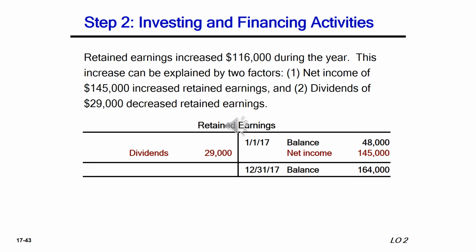So here, from the information that we got from this company, they generated net income of 145,000, so this increased the retained earnings, and they gave out dividends of 29,000, so this decreased retained earnings. So the net change in retained earnings is 116,000 during this year, right? Let's see how this is going to be reflected on the statement of cash flows in the following slide.